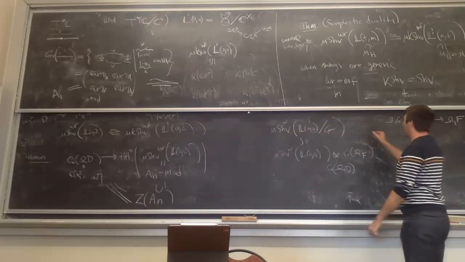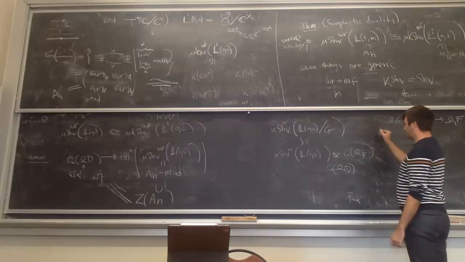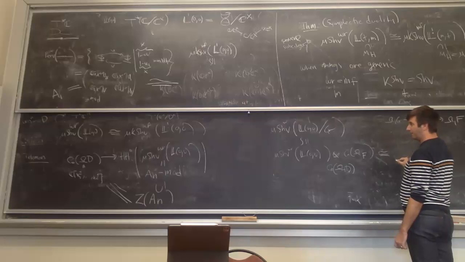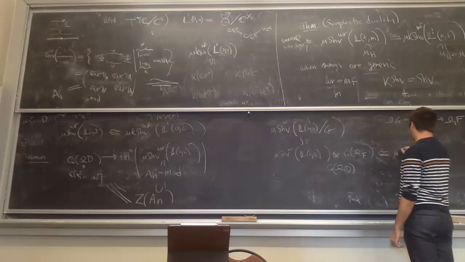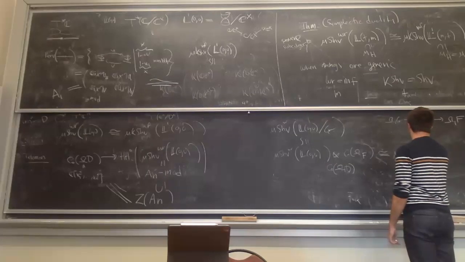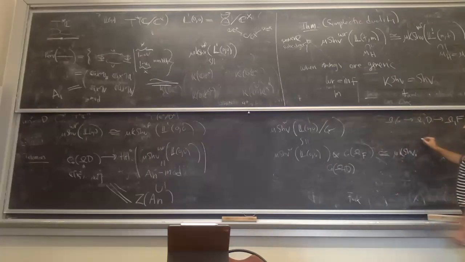On the other side, what this thing is naturally isomorphic to... sorry, I'm not explaining this super well. Shriek, although this thing used to be mod D, but now I don't have any notation for this.